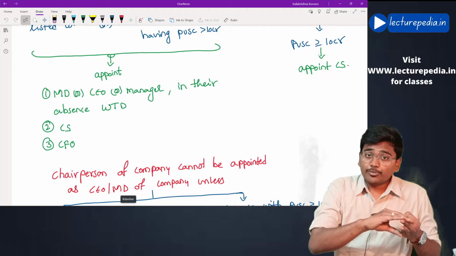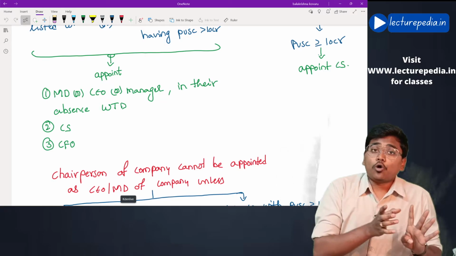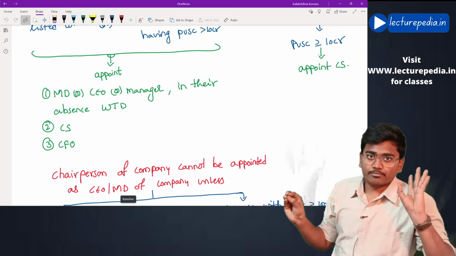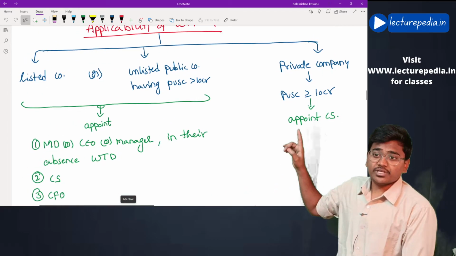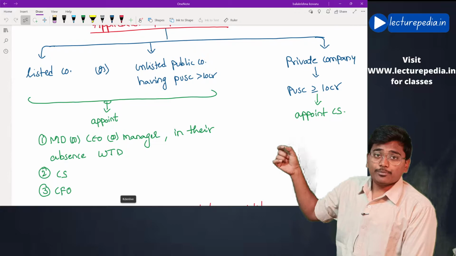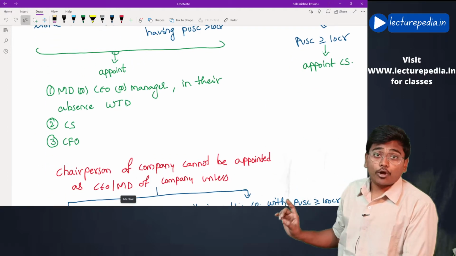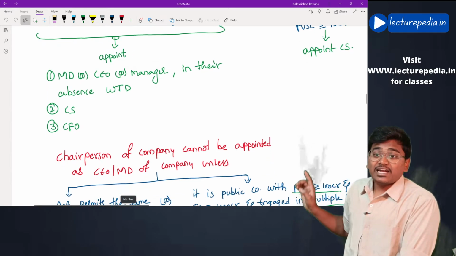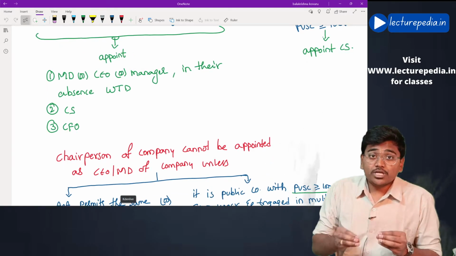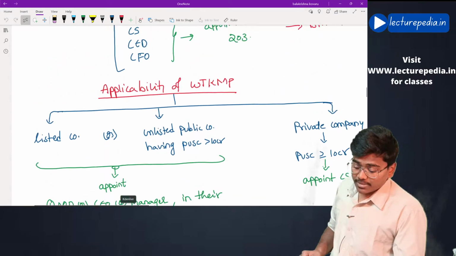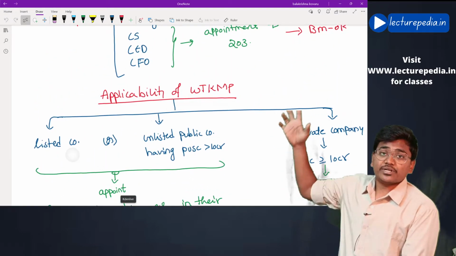If these three people are not there, you appoint a whole-time director. Of these four people you should appoint at least one. And apart from the first point, you should also appoint a CS and CFO. These should be whole-time employment of the company. That is the reason why we are calling them whole-time key managerial personnel.